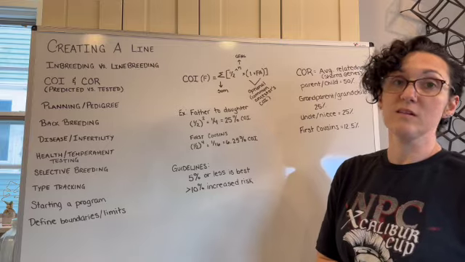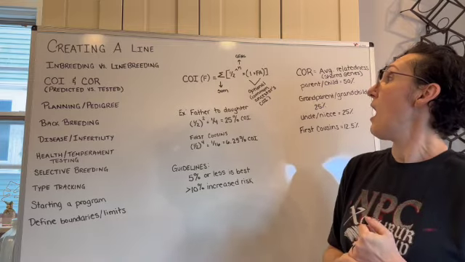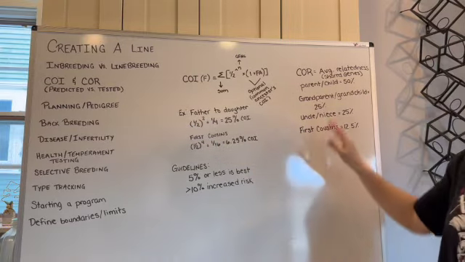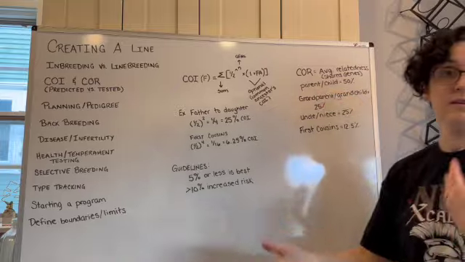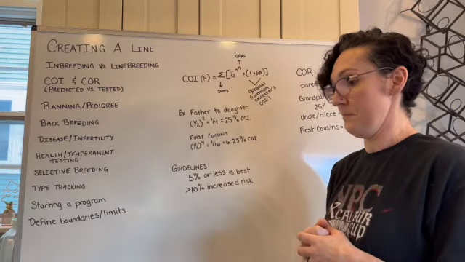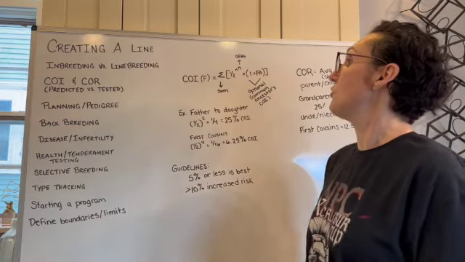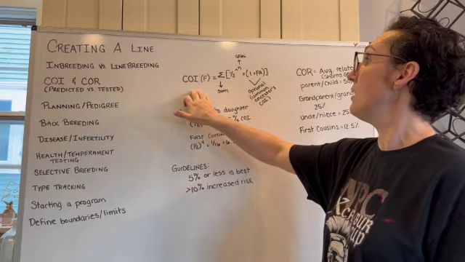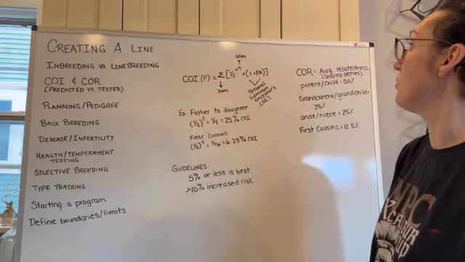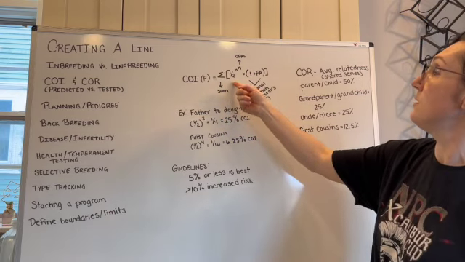These basically are a predictive measure of how many genes somebody will share, and a measure of that across generations and relationships. Our COI is represented by F, and we're looking at the sum of half raised to the number of generations.